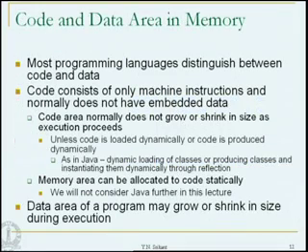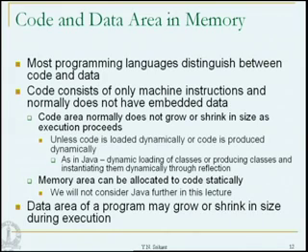So, now let us move on to code and data area in memory. Most programming languages distinguish between code and data. In other words, the runtime system will understand what is code and what is data. The compiler also understands what is code and what is data. Code is placed in some part of the memory, and within that code we never place any data, at least the compiler will not do it.